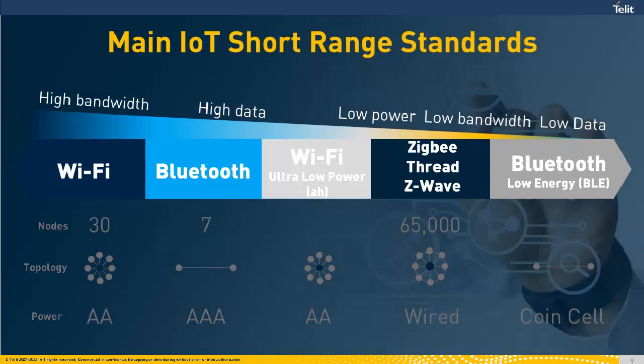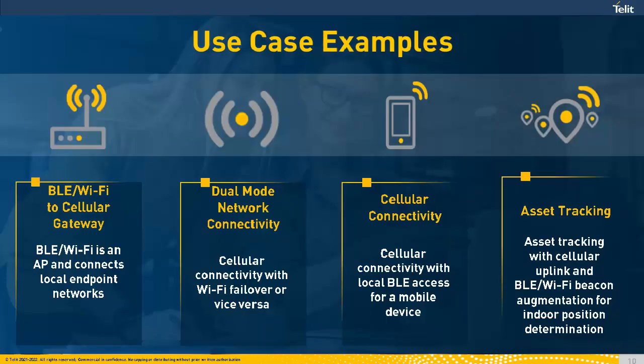We can go from Wi-Fi, which for sure is high bandwidth, to Bluetooth, a lower bandwidth, to Wi-Fi ultra low power, the EAH standard, then Zigbee, Z-Wave or Matter standard, finally finishing with Bluetooth LE, Bluetooth low energy, which has lower bandwidth and lower power consumption. Of course, each of these technologies has its own characteristics in terms of power consumption, range, and number of nodes that can be supported.